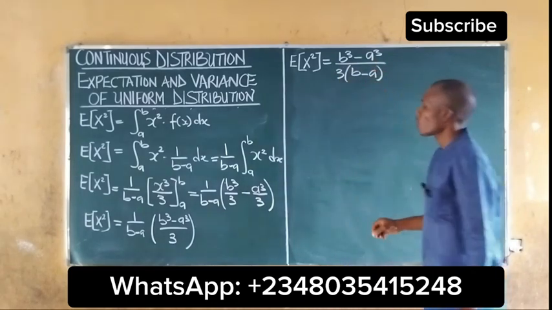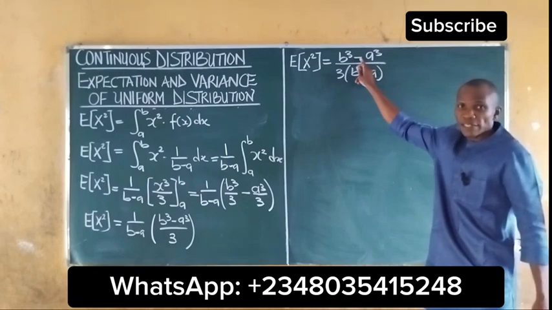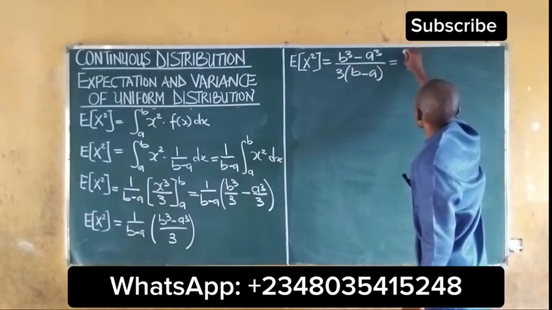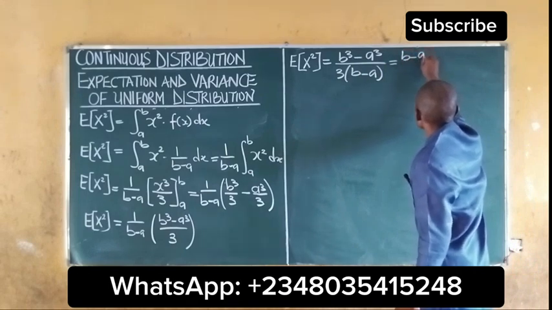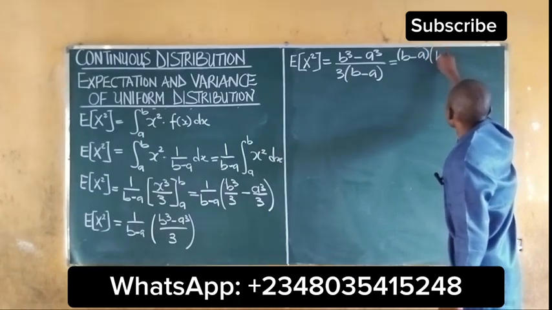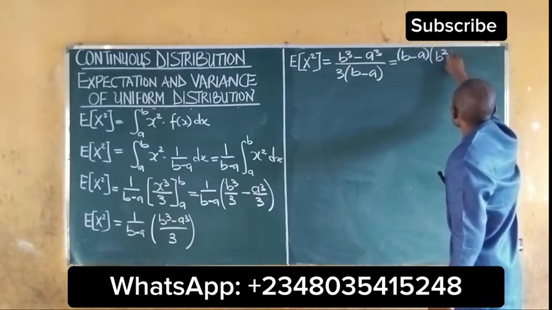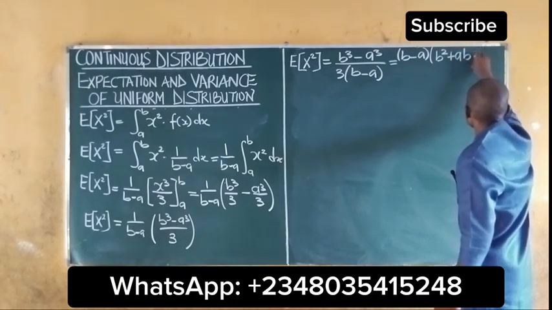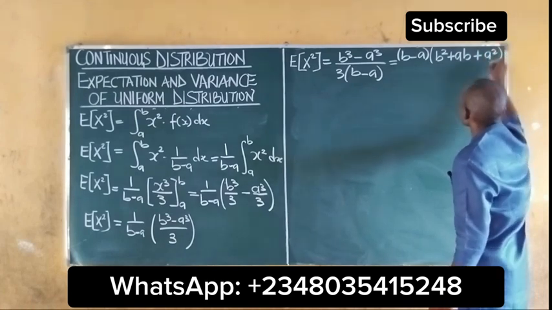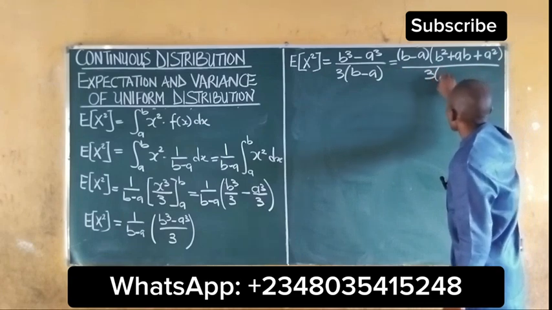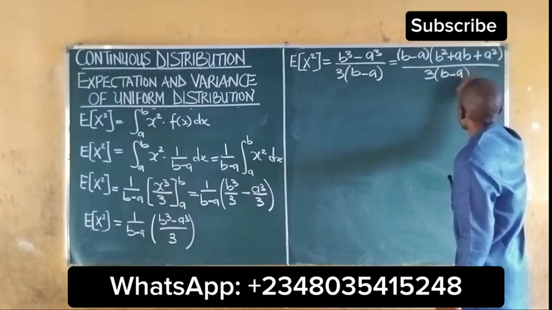Of course, this can be expanded. If we expand this, we get b minus a into b squared plus ab plus a squared all over 3 into b minus a.